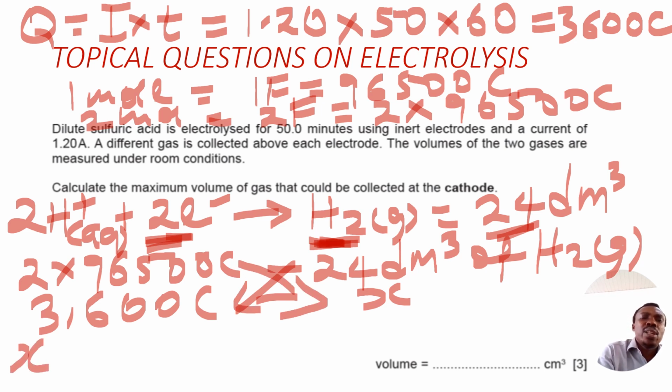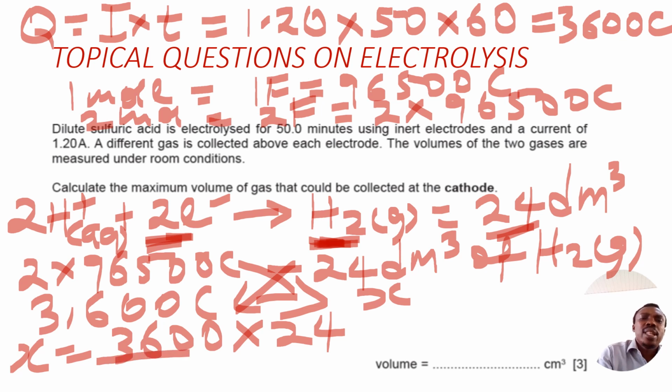X, which is the volume of hydrogen gas that will be deposited, will be equal to 3,600 multiplied by 24 divided by 2 times 96,500. Let me use my calculator. 2 times 96,500 will be equal to 193,000.